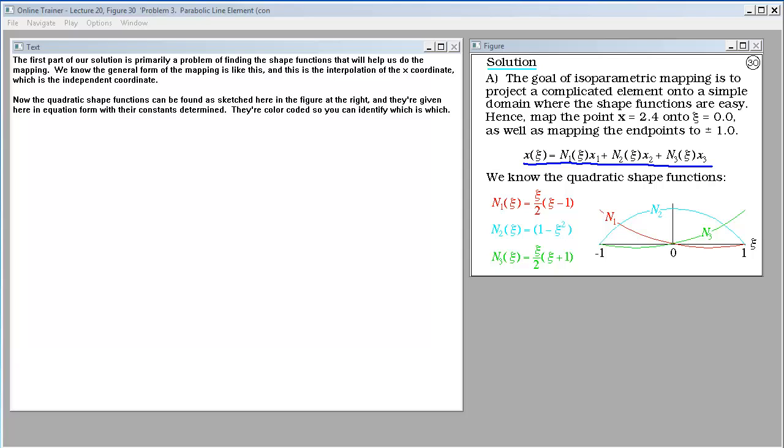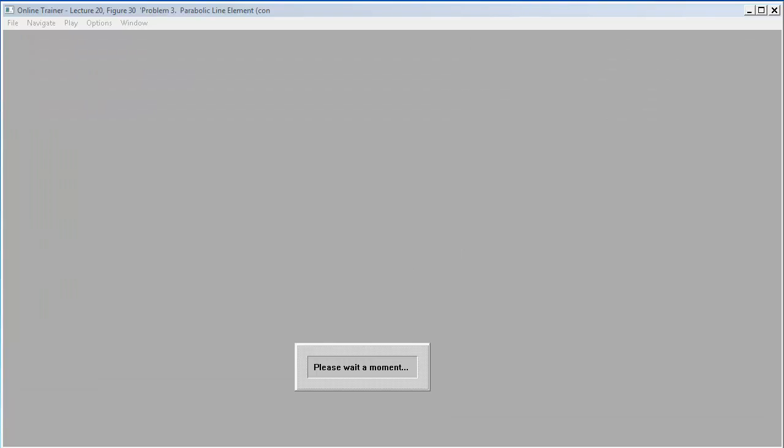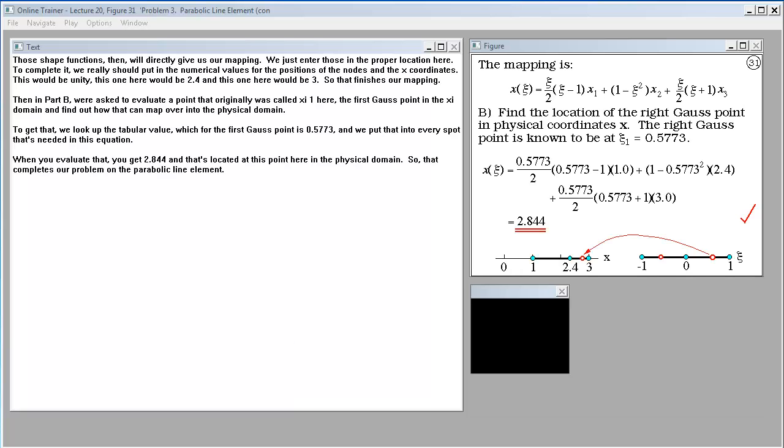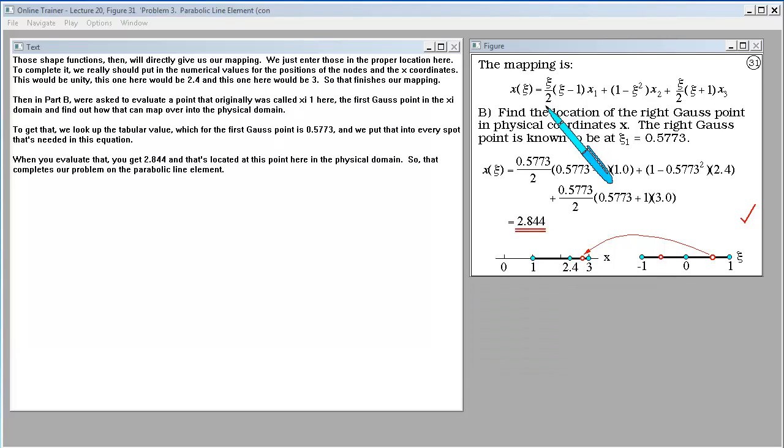Now the quadratic shape functions can be found as sketched here in the figure at the right, and they're given here in equation form with their constants determined. They're color-coded so you can identify which is which. Those shape functions then will directly give us our mapping. We just enter those in the proper location here.